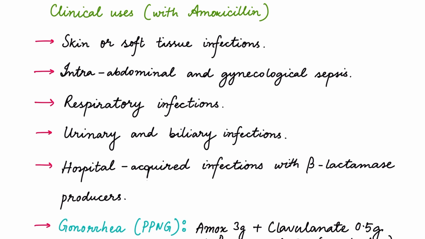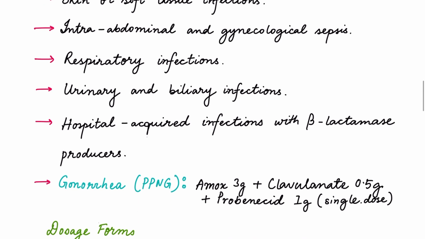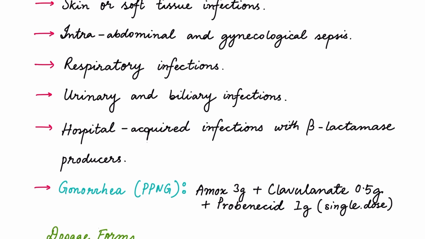It is also useful in hospital acquired infections caused by beta-lactamase producing organisms. In case of penicillinase producing Neisseria gonorrhoeae, a single dose regimen combining amoxicillin, clavulanate, and probenecid has been used.